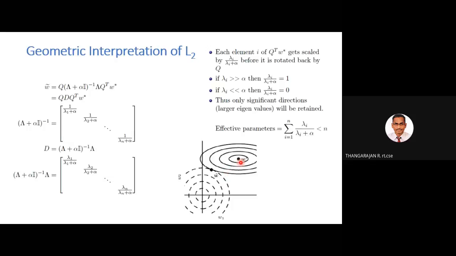So now you see that there is a difference between the two, and I have succeeded in making my weights not exactly optimal, but somewhat suboptimal. When I make my parameters suboptimal, I am achieving generalization. That is the main idea behind regularization.